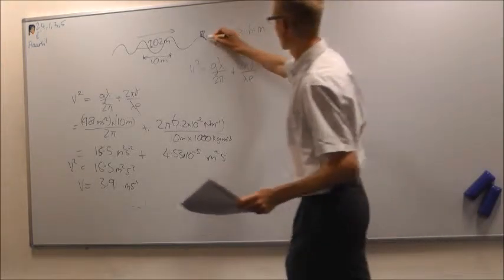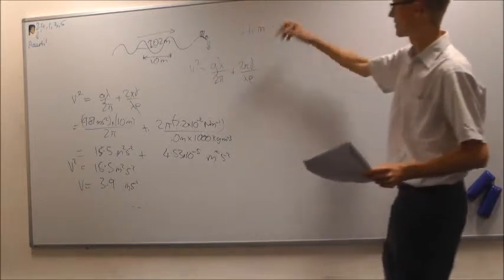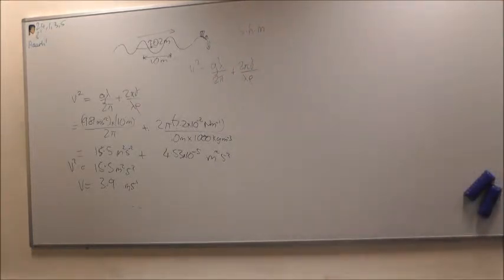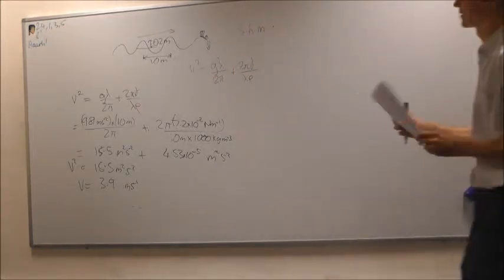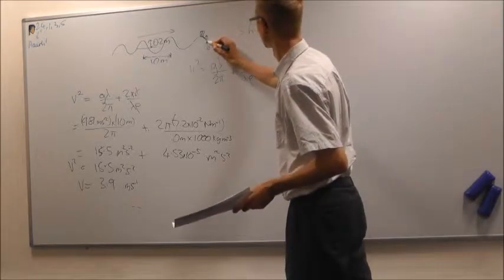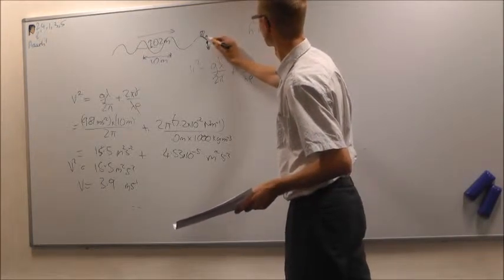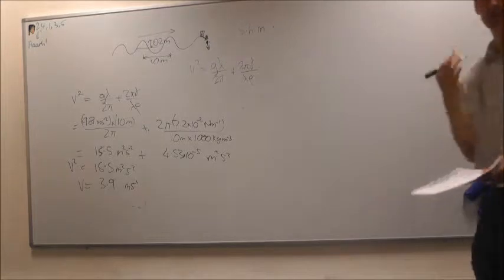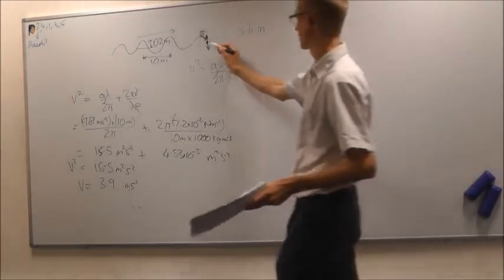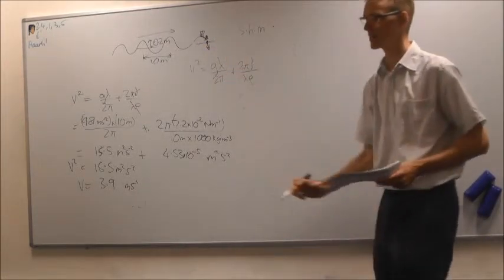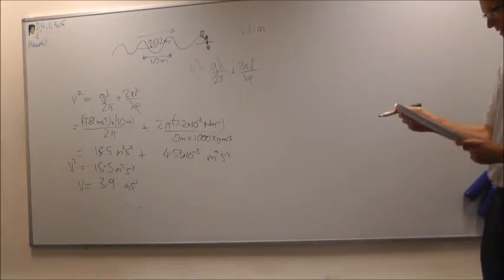So in SHM, it's going to oscillate up and down. So it's going to be at maximum speed at 0 amplitude.